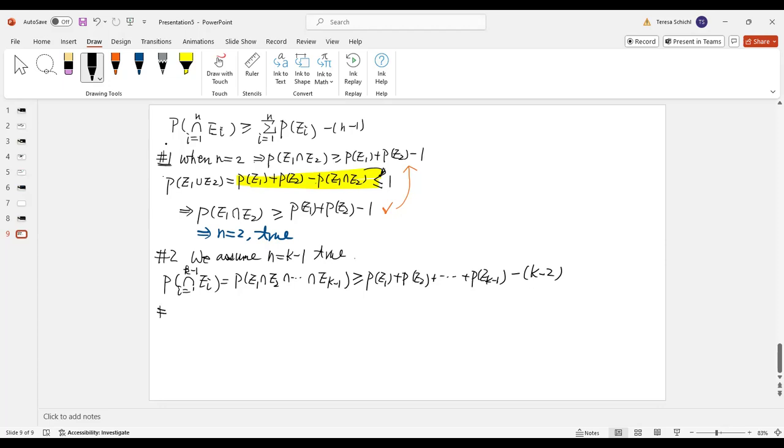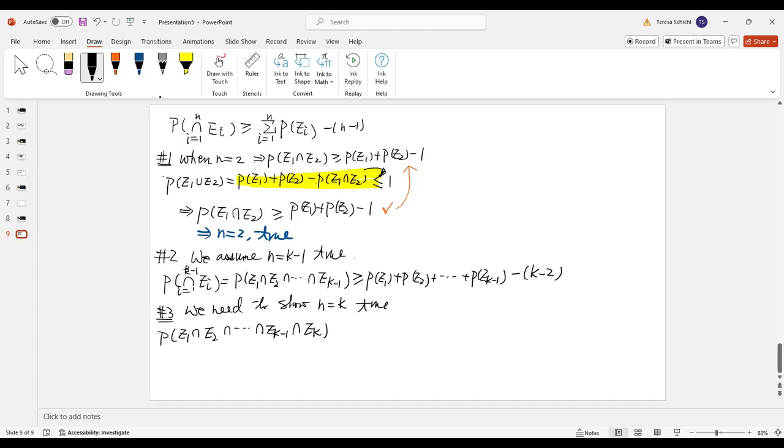Now step number 3: we need to show that n equals k is true. If n equals k, that means the probability of E1 intersect E2, all the way to E(k minus 1), intersect Ek.